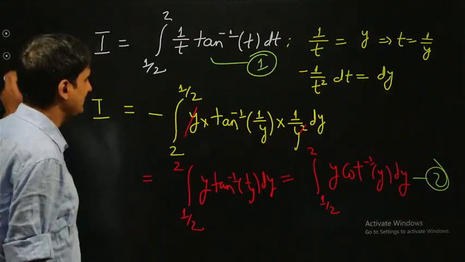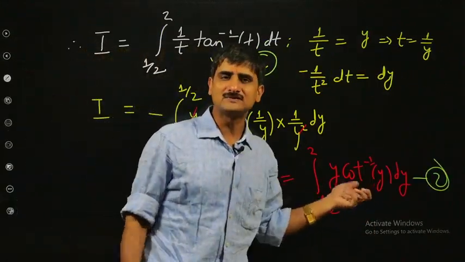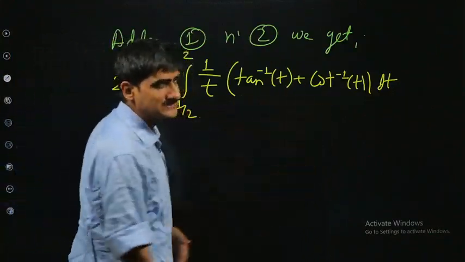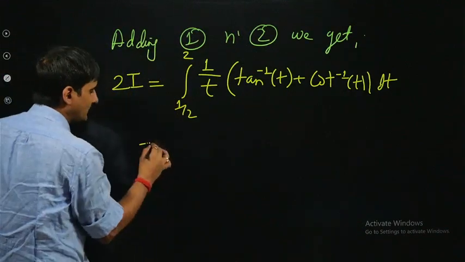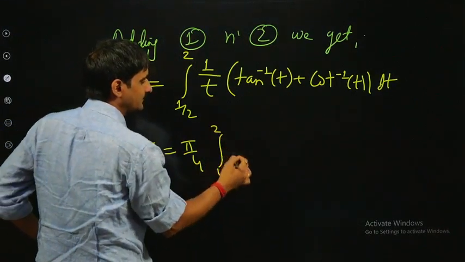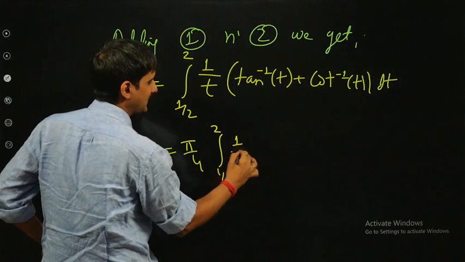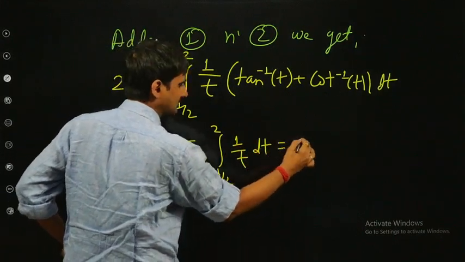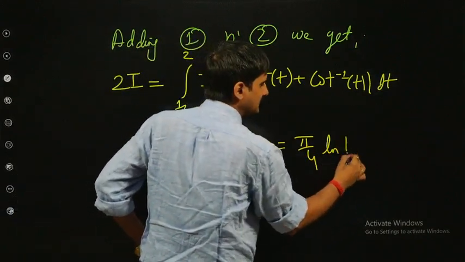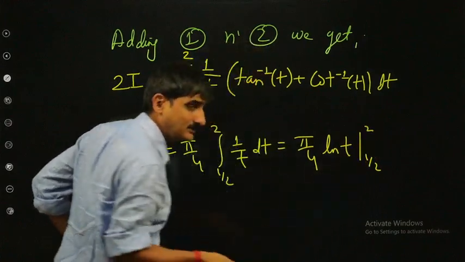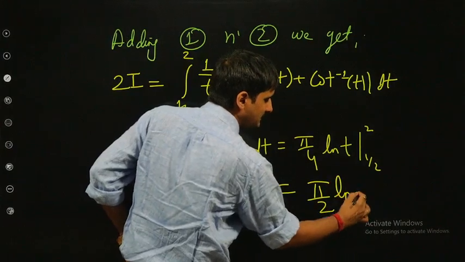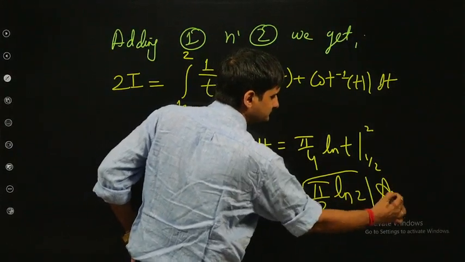Because y cot inverse y or t cot inverse t is the same thing, bachcho. Now we know tan inverse t plus cot inverse t is pi by 2. So I is pi by 4, half to 2, 1 by t dt, whose integral is pi by 4 times ln t from half to 2, which is ln 2 plus ln 2, 2 ln 2. So the answer according to me should be pi by 2 ln 2, bachcho.